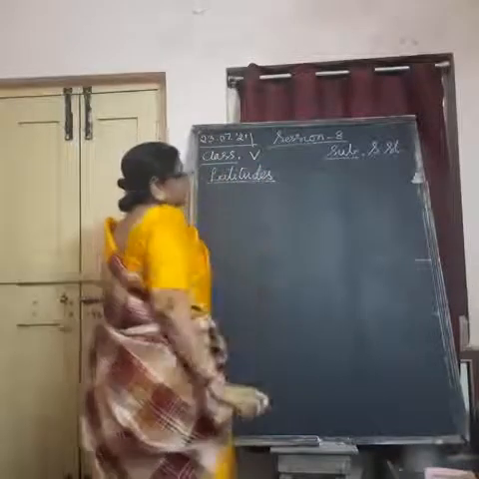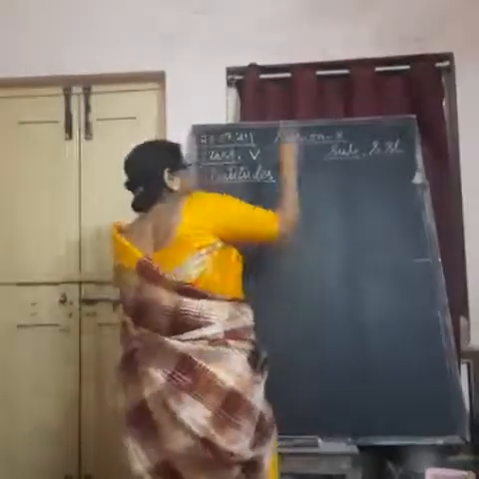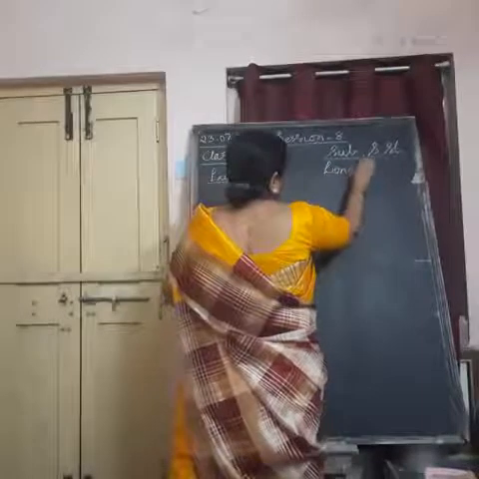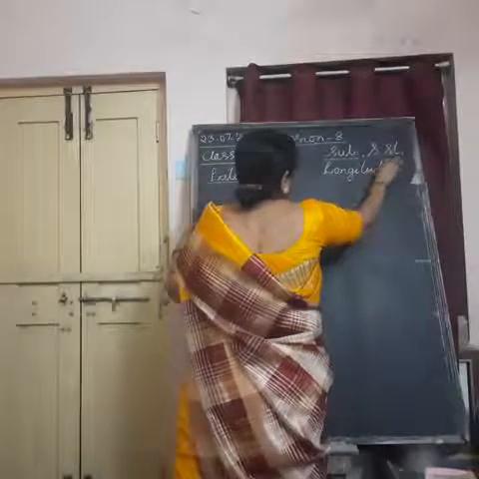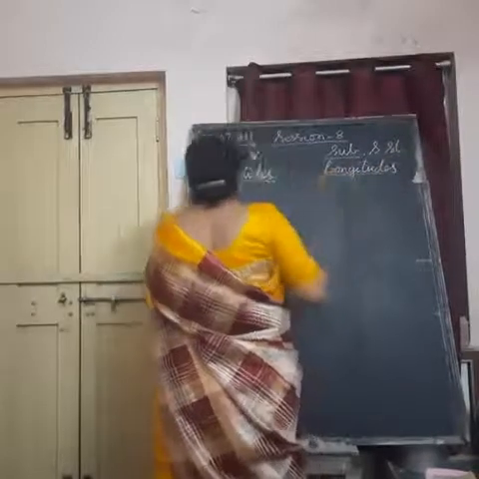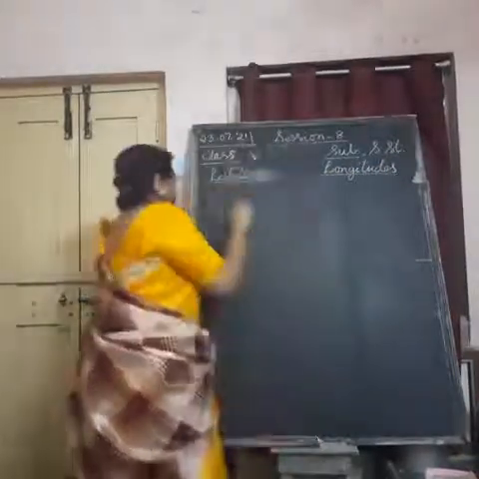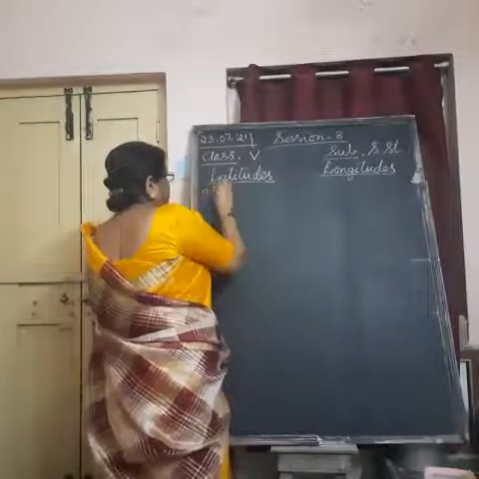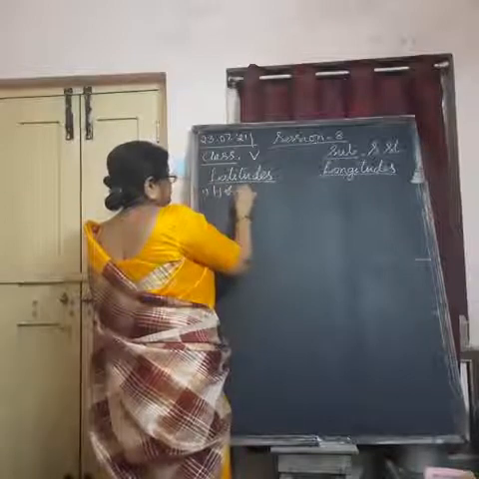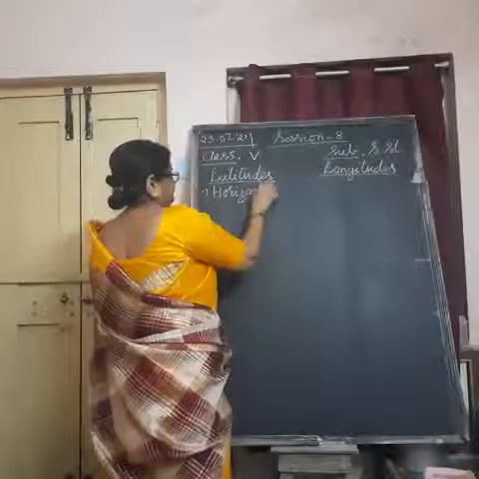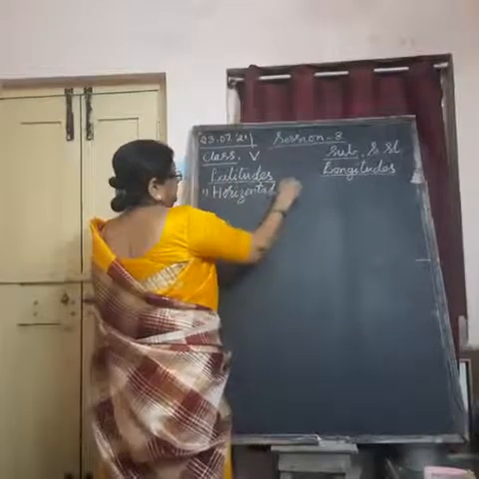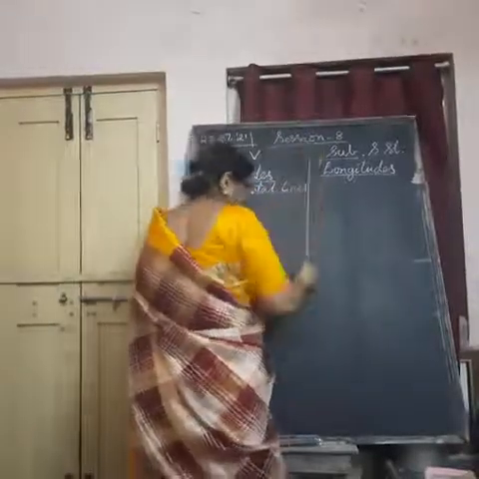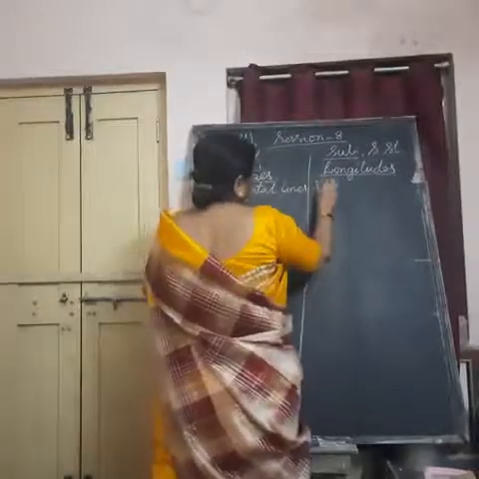One, the first thing is, latitudes are horizontal lines and longitudes are vertical lines.